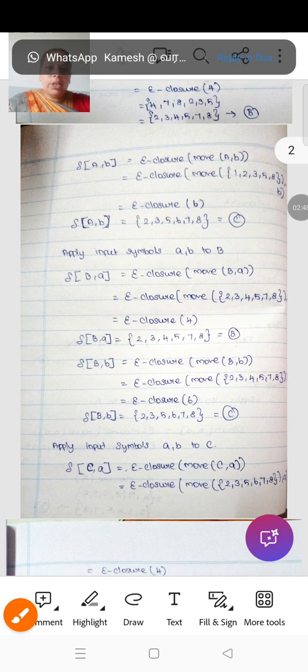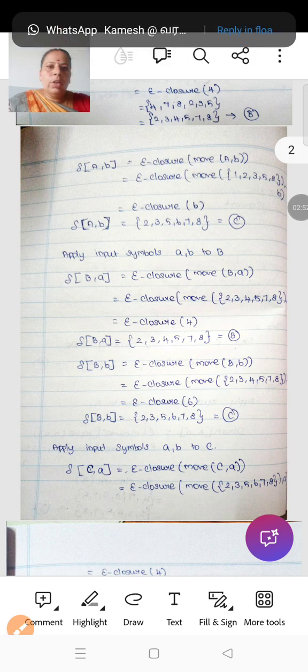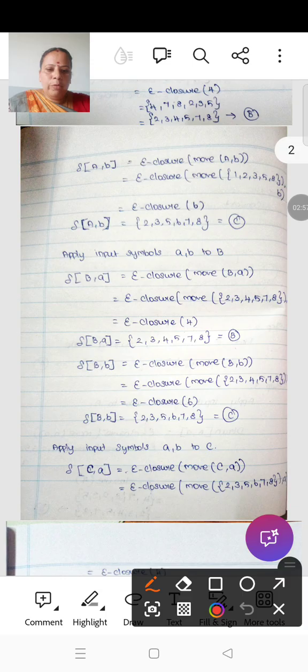For small b we have the epsilon closure of move of A comma b. The result is 2, 3, 5, 6 and 8, which is also a new state marked as C. So we have completed applying the transition function for state A using the input symbols a and b.